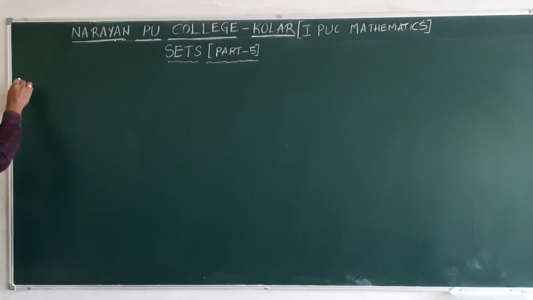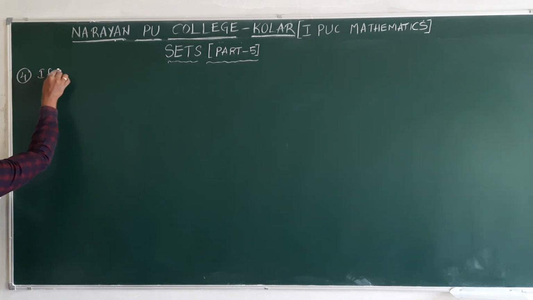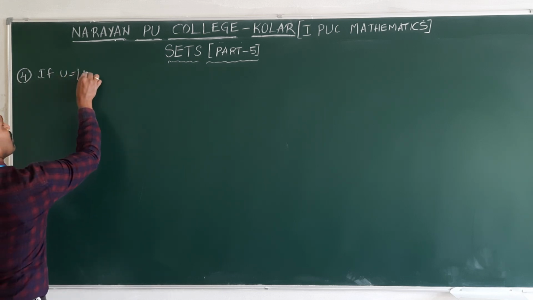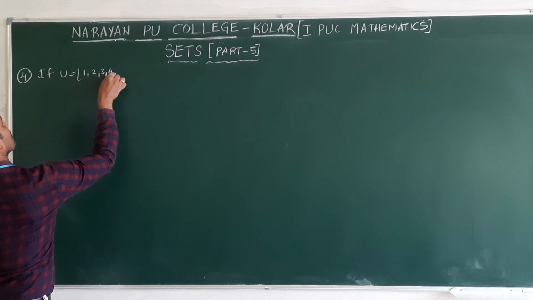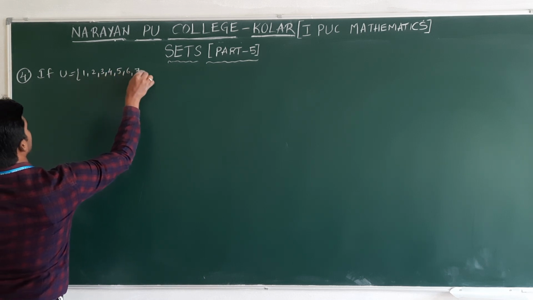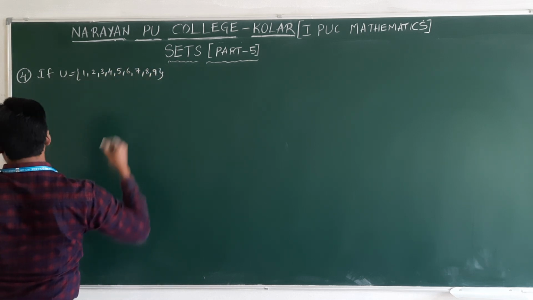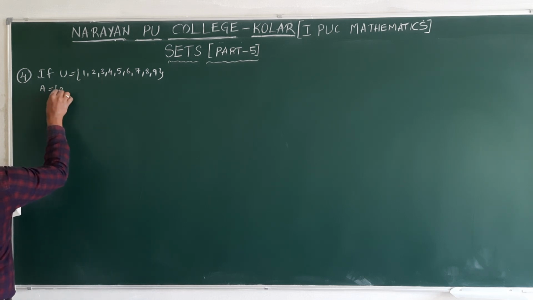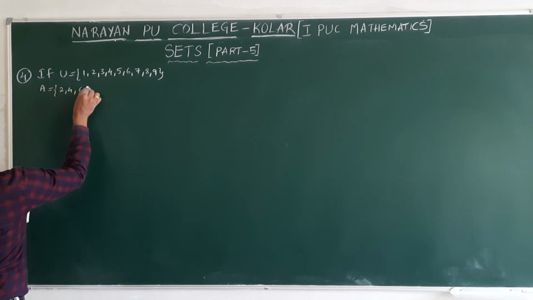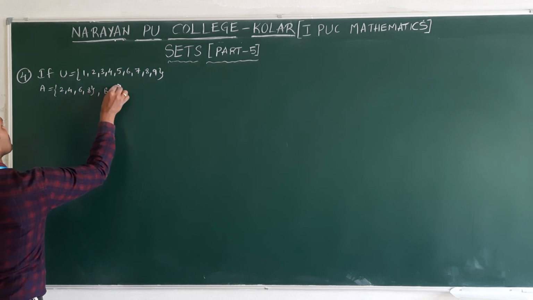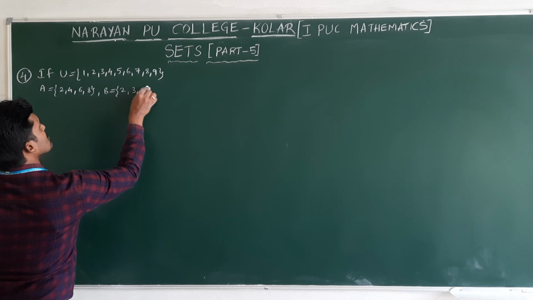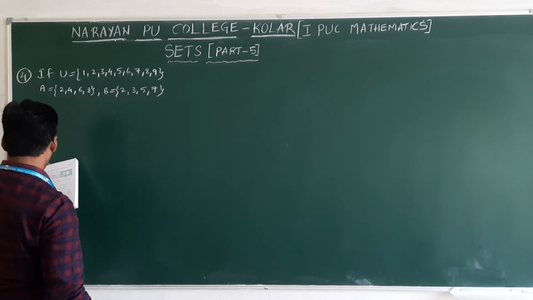Next, fourth one. If the universal set is 1, 2, 3, 4, 5, 6, 7, 8, 9, A equal to 2, 4, 6, 8, B equal to 2, 3, 5, 7.